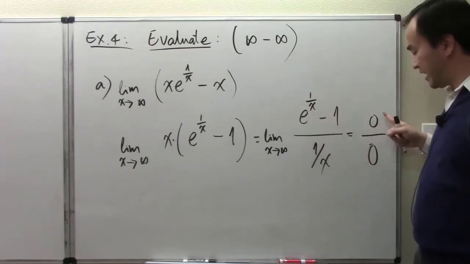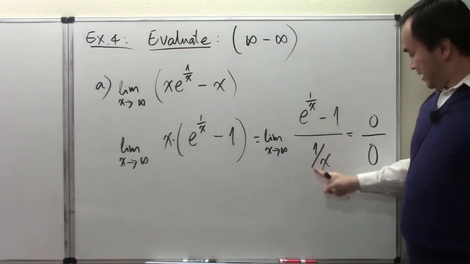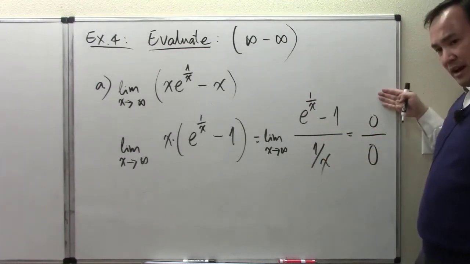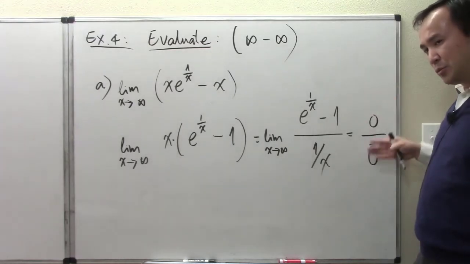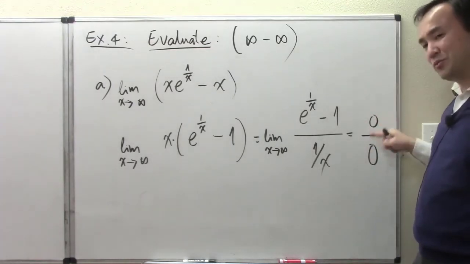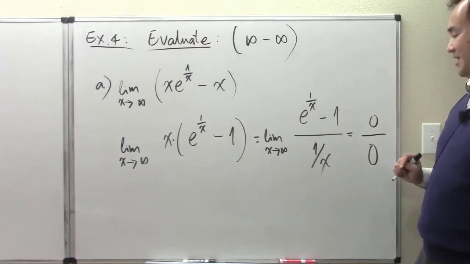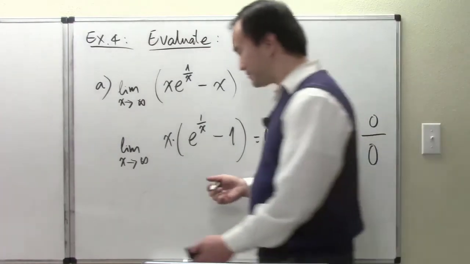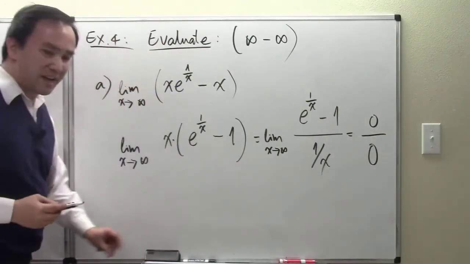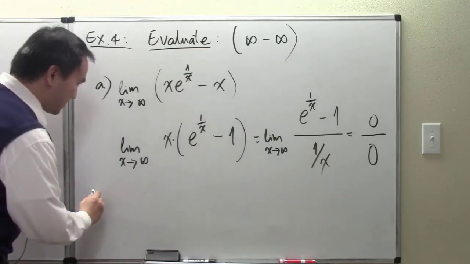So 1 minus 1 gives me a limit 0. The denominator here again gives me a limit 0. So we now have a clear indeterminate form where L'Hopital's rule will apply. Let's get directly into that.